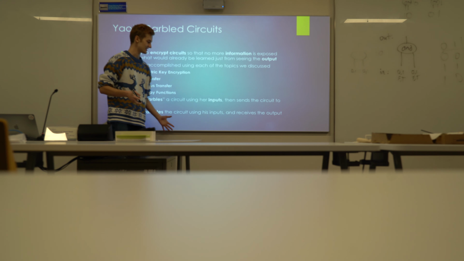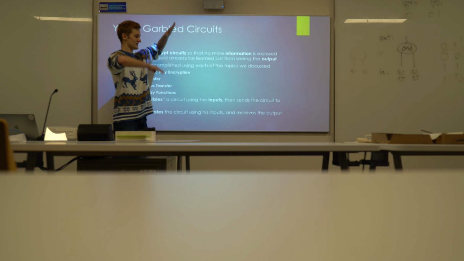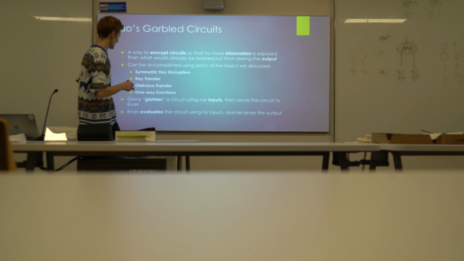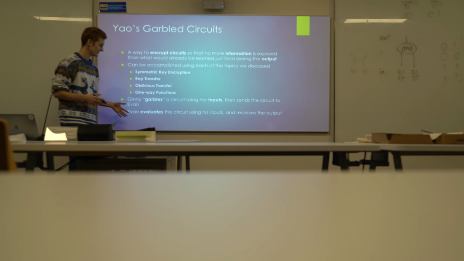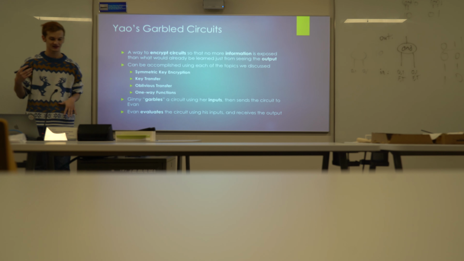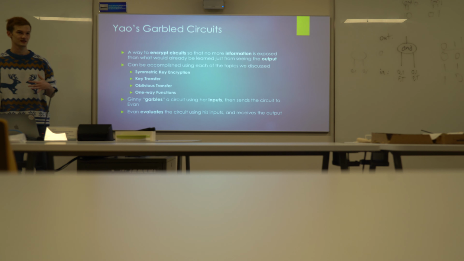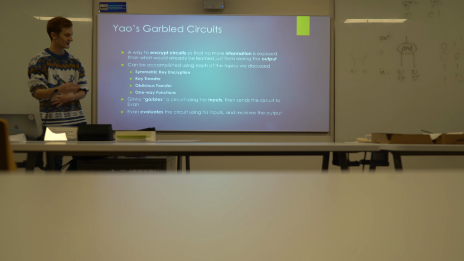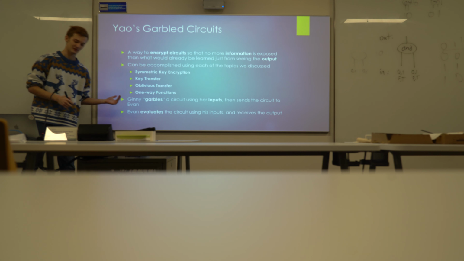She takes her inputs and she already incorporates them into whatever the circuit is going to be, and does some sort of encryption on it. Evan receives this encrypted circuit and is able to use his inputs to actually evaluate the circuit without learning any information about what Ginny put as her input.